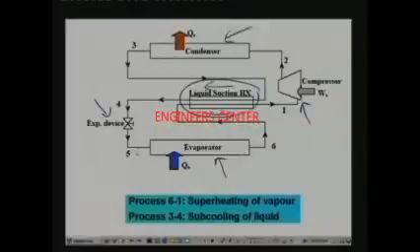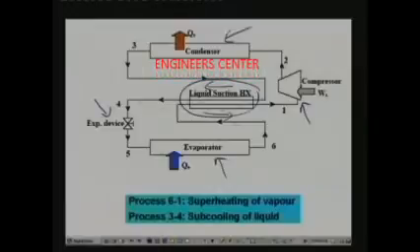That means they are flowing in opposite directions, and I will show you in the next slide that the temperature of the liquid that is entering into the heat exchanger is much larger than the temperature of the vapor that is entering into the heat exchanger. As a result, this liquid can exchange heat with the vapor. So the liquid becomes cooler and the vapor becomes hotter.